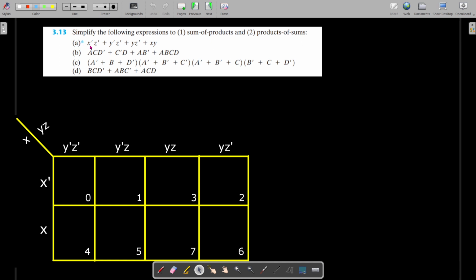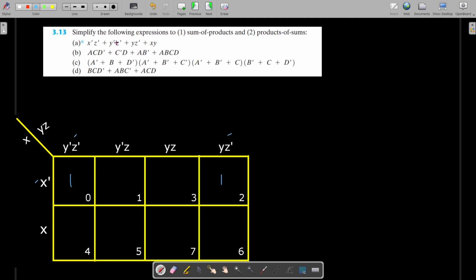It is the A problem, that is given as x' z' plus y' z' plus y z' plus xy. So we are going to place ones corresponding to that. So for x' z', it comes here and here, so we place a 1 here as well as here.